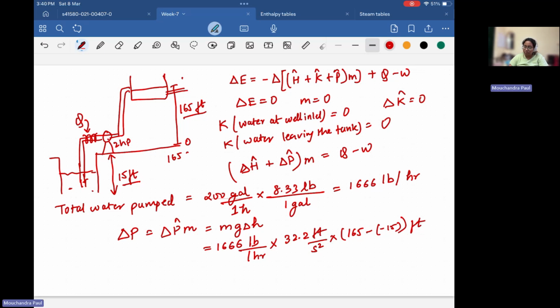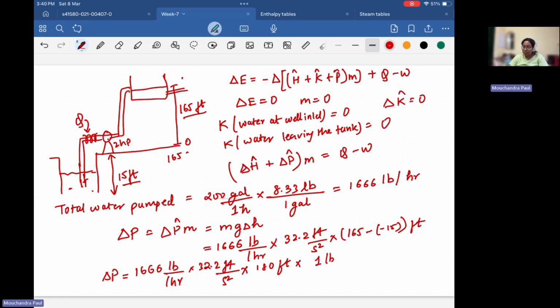Okay. Now we can convert the units to energy units, convert the units to BTU per hour. So for that, we need to add some more units here. 165 plus 15, 180 feet.